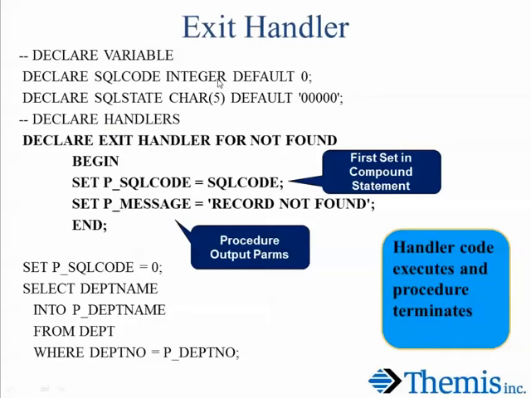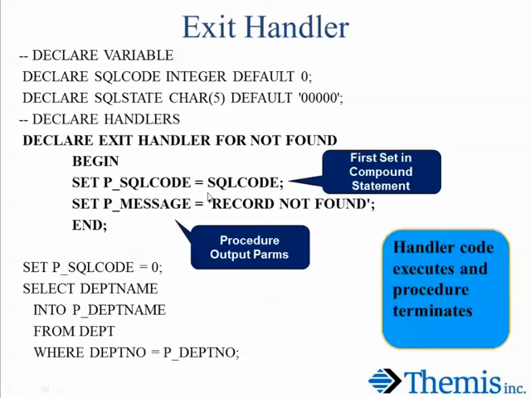Now, your exit handlers. First thing you need to do is make sure that you declare your SQL code and your SQL state. Then you'll declare your handler. This happens to be an exit handler, which means that if the SQL statement gets a +100, which is your not found condition SQL code, then we're going to fire this handler logic.